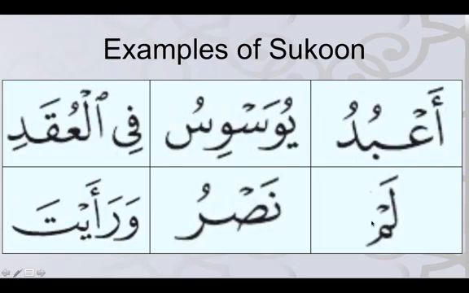Sorry for the slight tangent, but it's important. Next we have lam fatha mim sukun lam. Lam is the first consonant, its short vowel is the fatha, and the second consonant is the mim with a sukun on it.